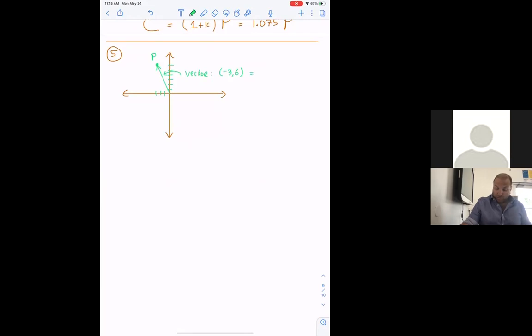But we can also consider this as a 2 by 1 matrix, 2 rows, 1 column: -3, 6. So we now have two different ways of thinking of a vector, either as the vector -3, 6 or the column matrix -3, 6.